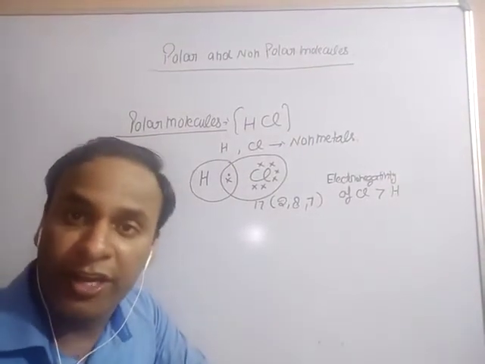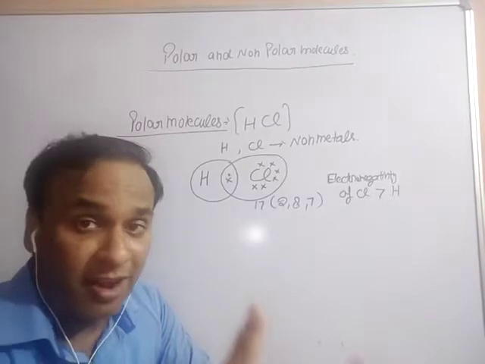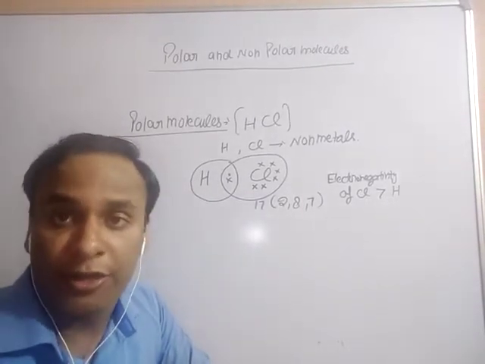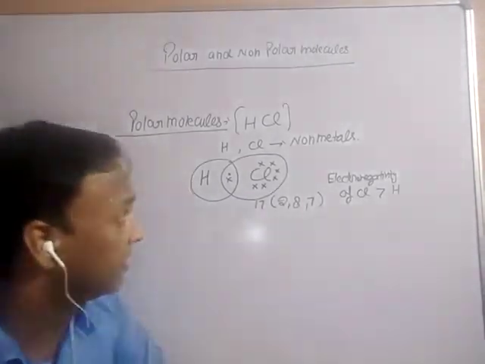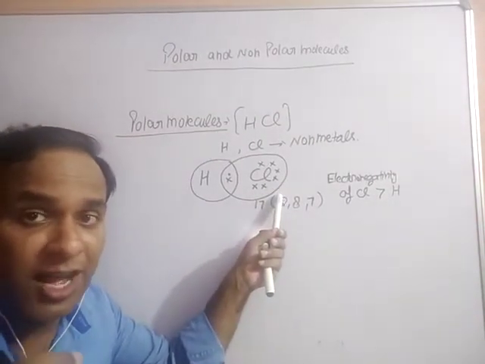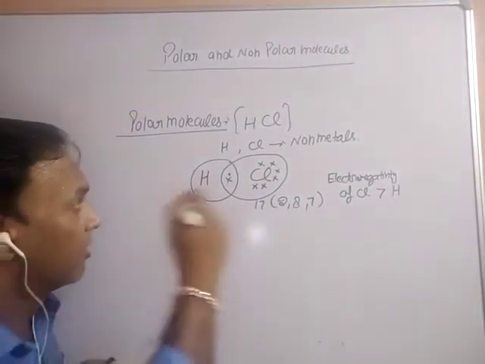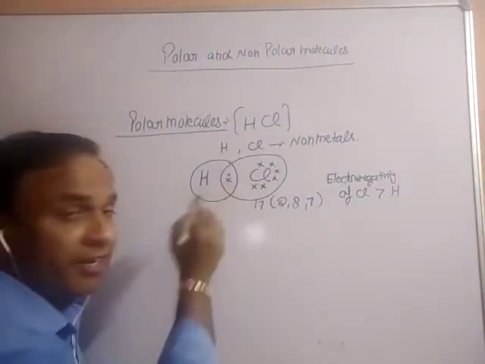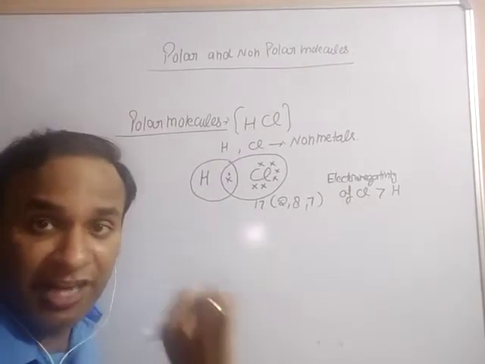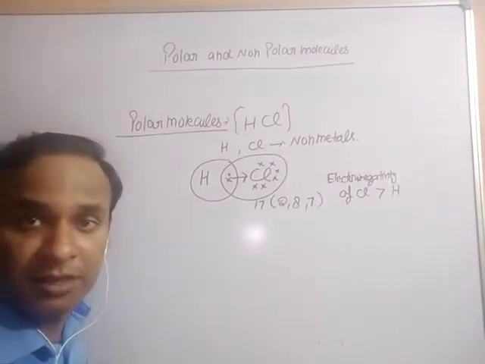What is electronegativity? Electronegativity is the ability of an atom to attract the shared pair of electrons towards itself. When chlorine is more electronegative as compared to hydrogen, the 2 shared electrons are slightly shifted towards the chlorine atom. Clear?